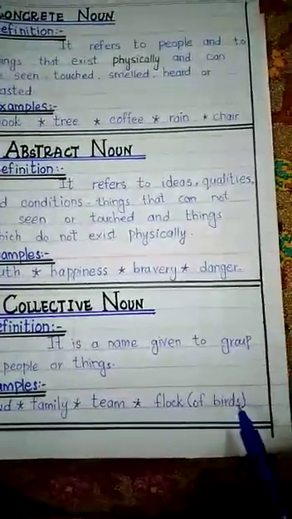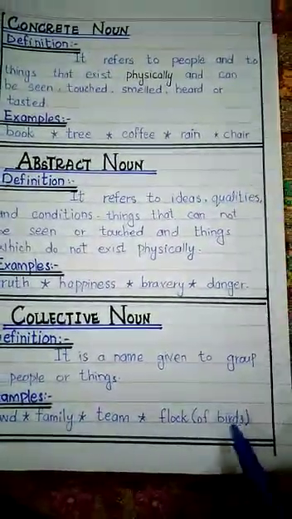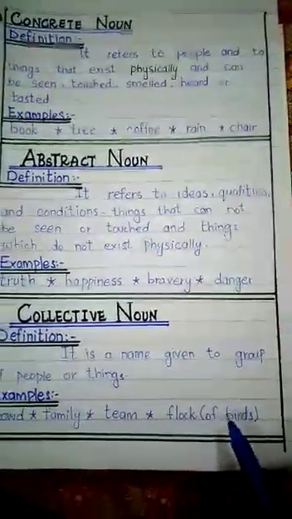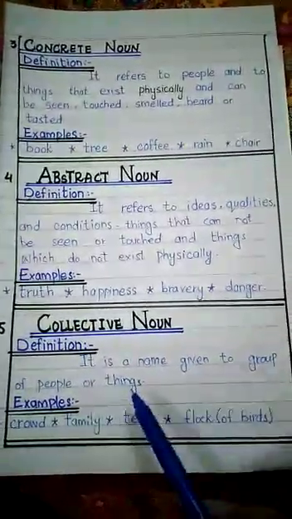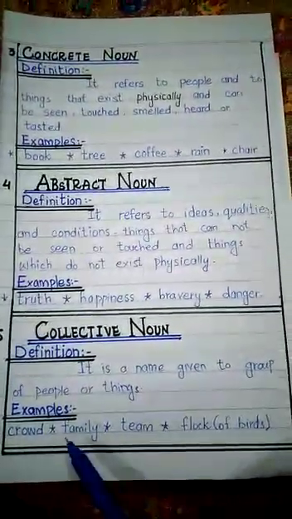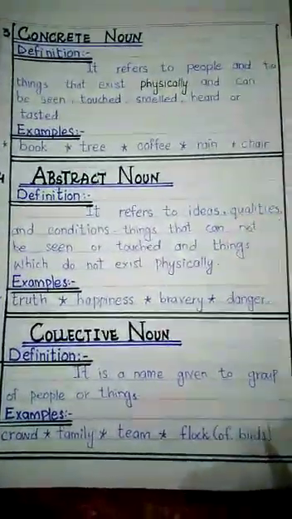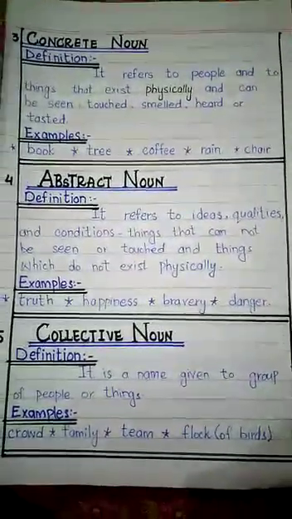Flock, a group of birds, or maybe a group of animals. So flock of birds, it can be flock of sheep, or it can be anything. So when it is a name given to a group of people or things, crowd, family, team, flock, there are many more too. When we do the exercises, it will get clear to you very easily, right?